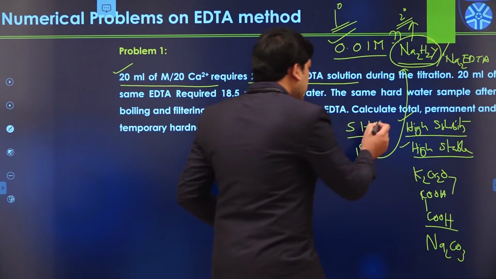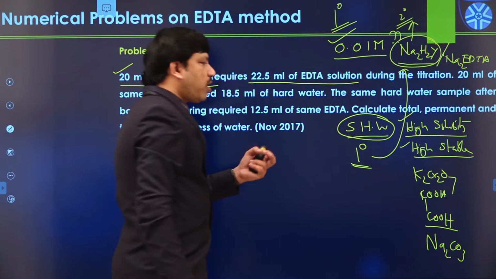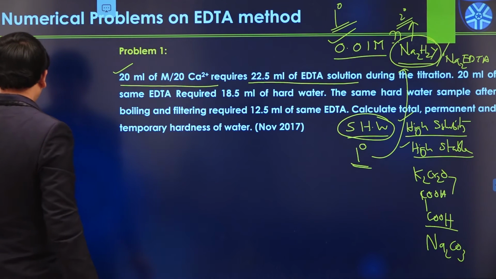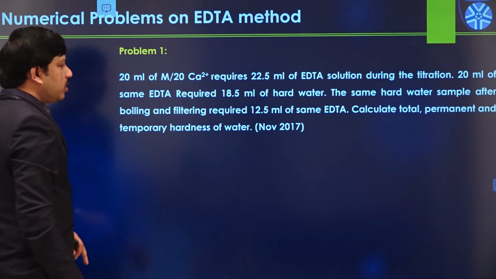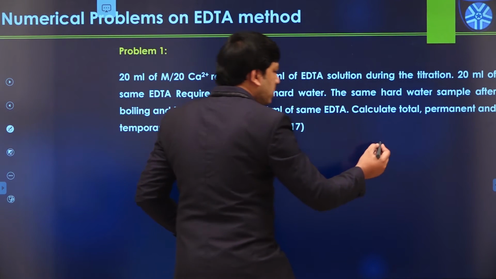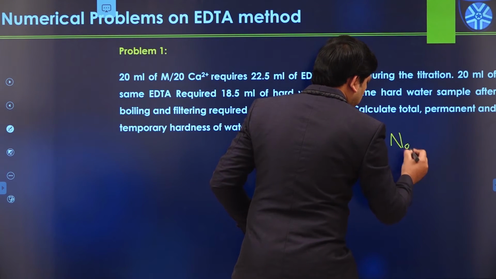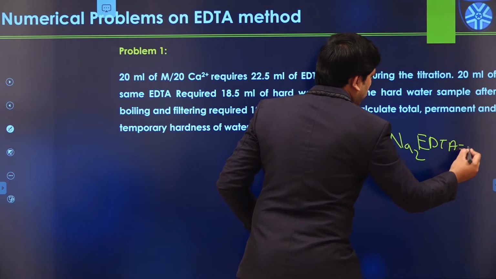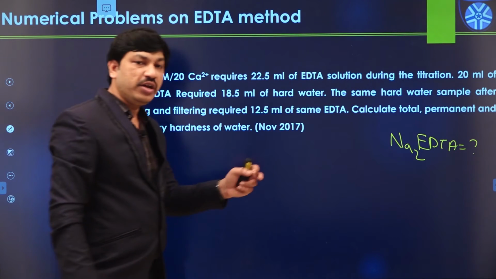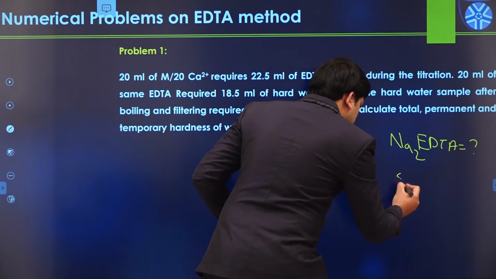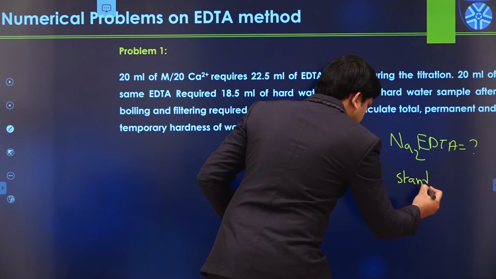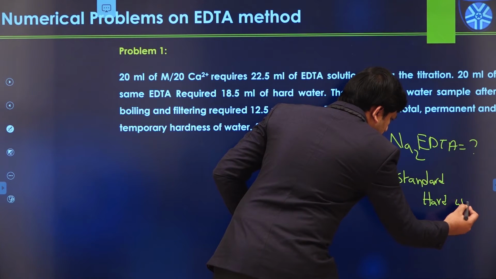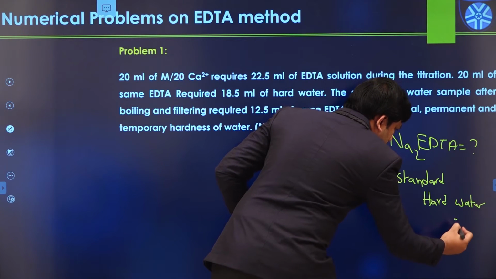So always we need a standard hard water sample. So what is the standard hard water sample? How to prepare it? That we will see. Basically, in order to know the exact concentration of the disodium salt of EDTA, we need a standard hard water solution.